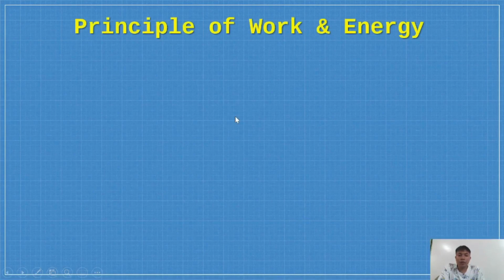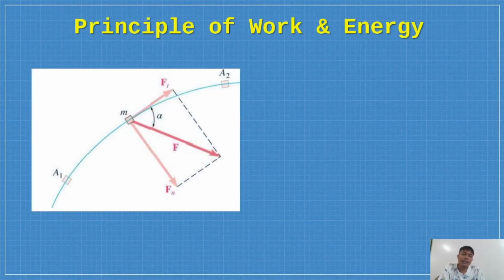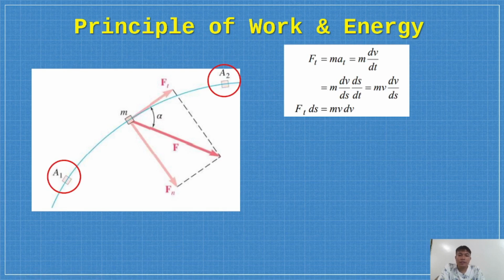So, the principle of work and energy. Considering our mass m, which is acted on by the forces here, we know that we can get a tangential force Ft, which is mass times the tangential component of acceleration, m dv over dt.